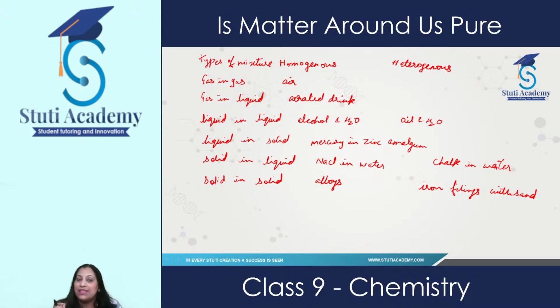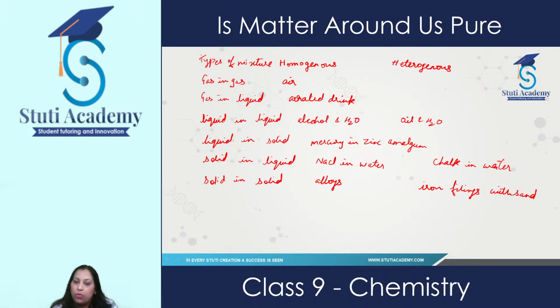Liquid in liquid, an example of this is alcohol and water. When you mix alcohol and water together, they mix completely with each other. But if you're talking about oil and water, just now I told you, when we mix oil and water, we can easily see a separate layer of oil over the water. Then liquid and solid, example is mercury and zinc amalgam, it can easily mix.